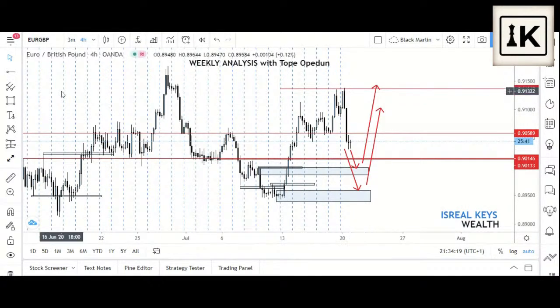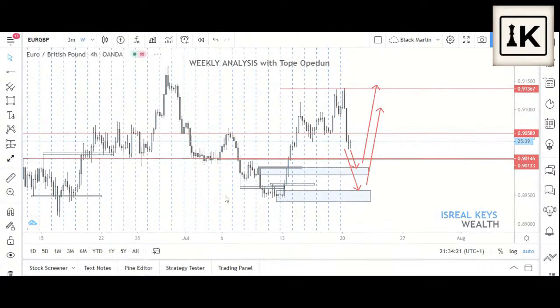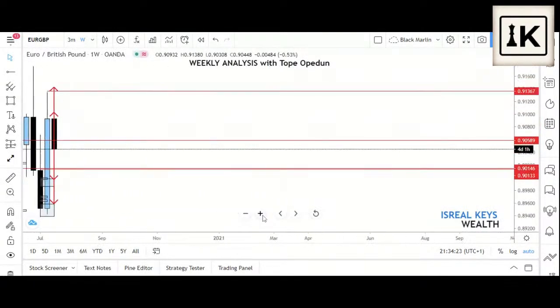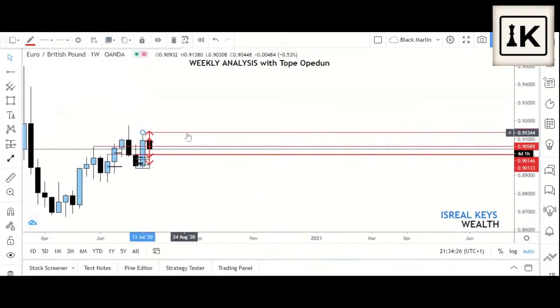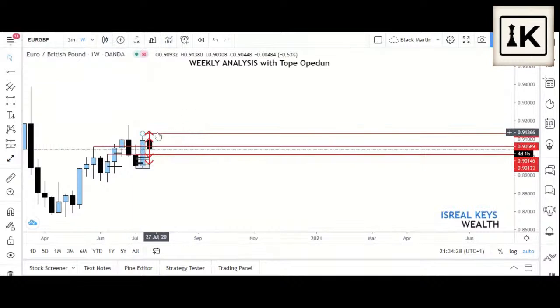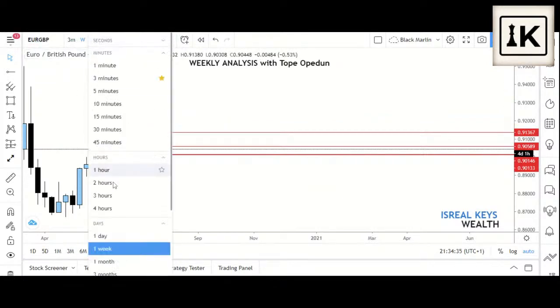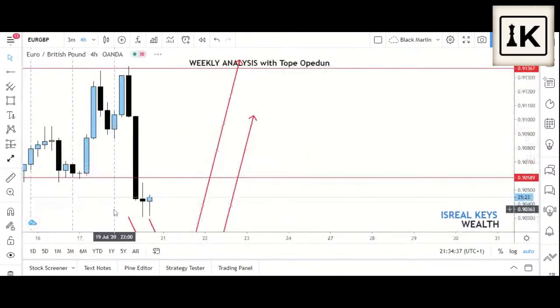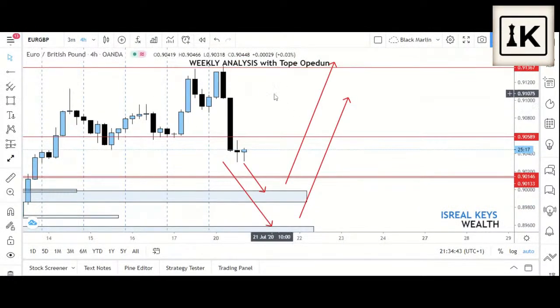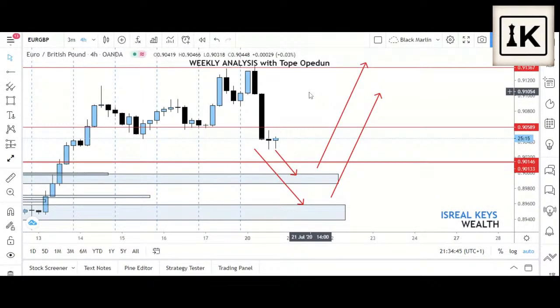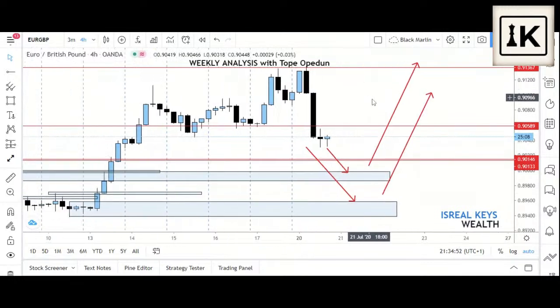And at the same time, let me get this weekly high properly. Okay, it looks to me that we've already hit a high. In fact, as of today, we've already taken out last week's weekly high on Euro GBP.